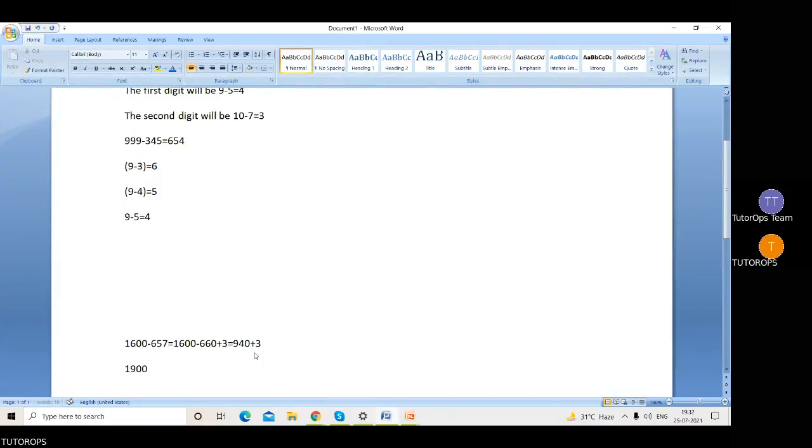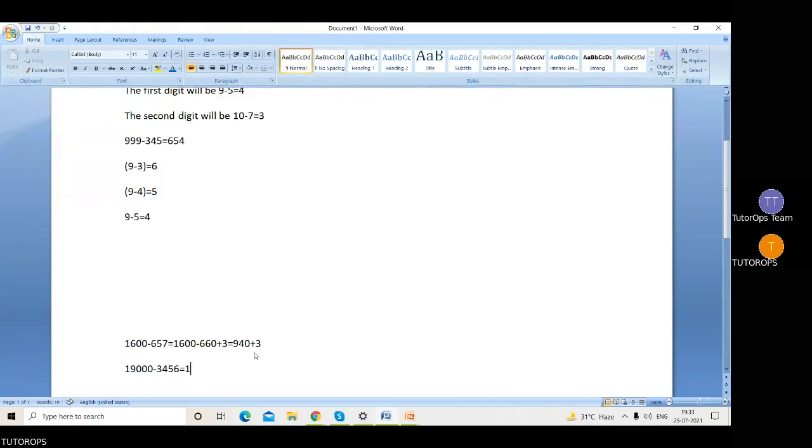So let me take another example, say 19,000 minus 3,456. What can be done in this situation? We will consider the nearest multiple of the base of 3,456.